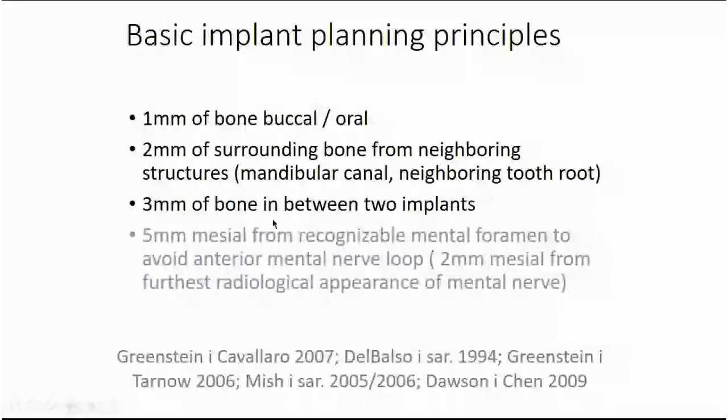I would like to stress some basic implant planning principles, which we will use in order to use the tools to make the proper distances between two implants and everything.